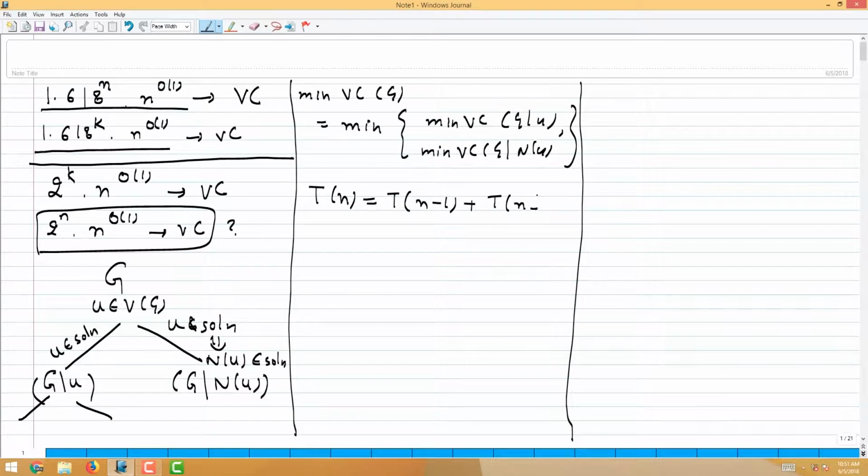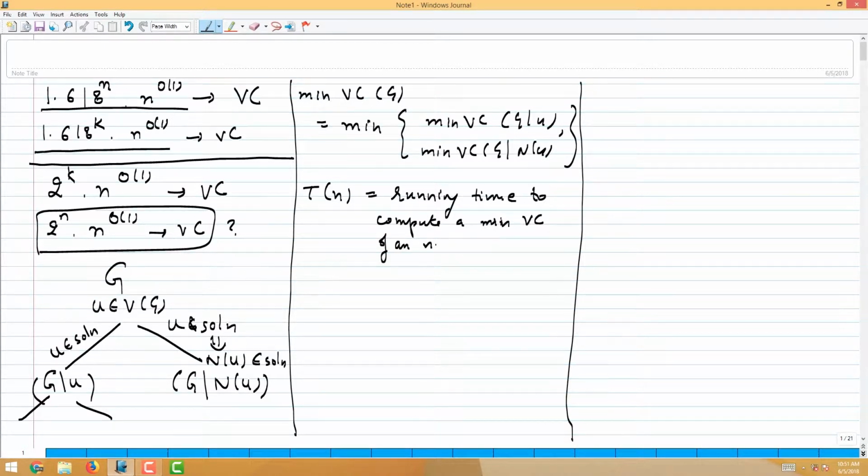So even before writing this recurrence, we should first say what T(n) denotes. So let T(n) denote the running time to compute a minimum vertex cover on an n vertex graph, right?